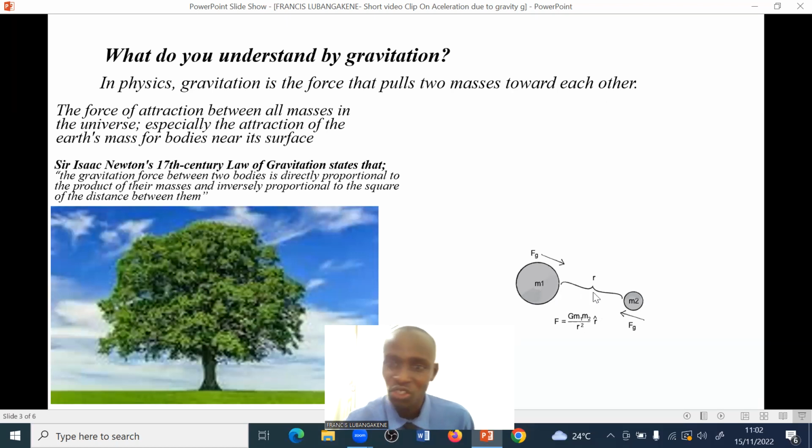The falling of the mango to the earth surface is due to the gravitational force of attraction, which is due to the product of their masses. Since the mass of that mango is minor, it is going to be attracted to the Earth's surface due to the vast mass of the Earth. With that, Isaac Newton's law of gravitation applies in this case.